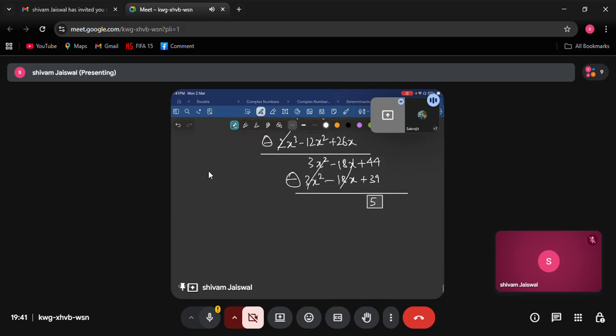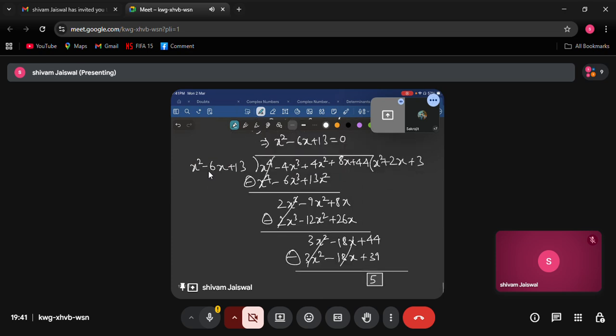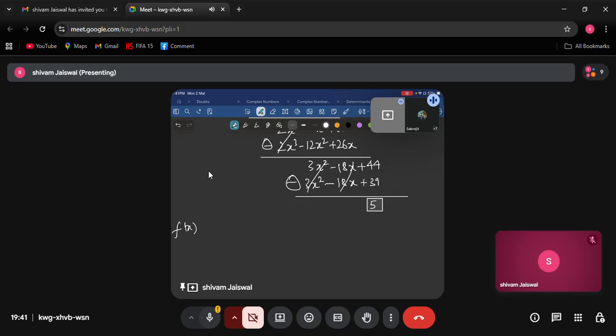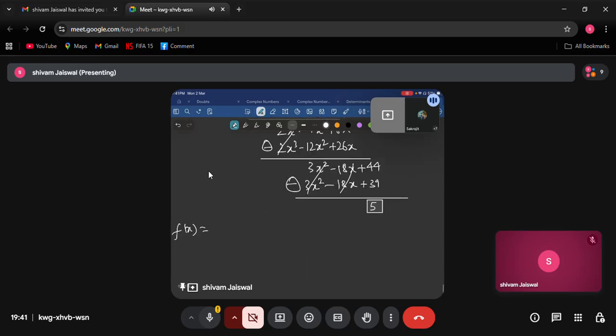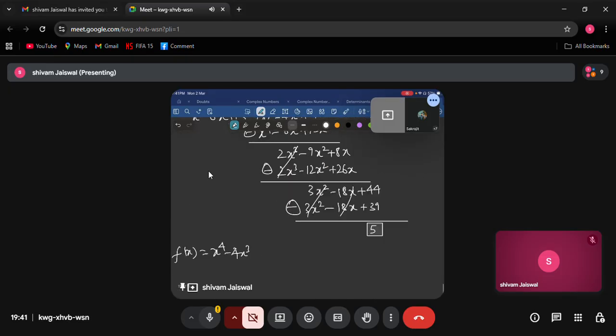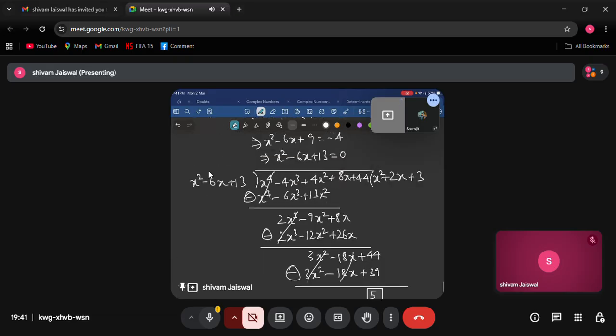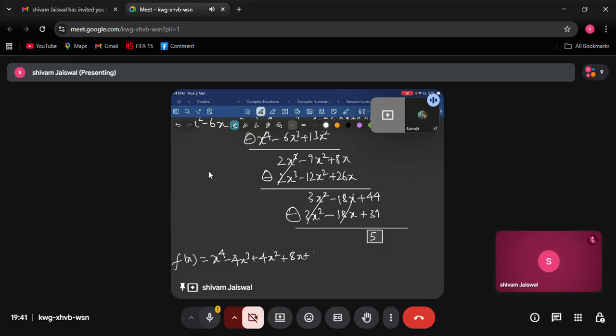But why the remainder is your answer, you need to understand, by using the division algorithm. You see, f of x is equal to x power 4 minus 4x cube plus 4x square plus 8x plus 44.